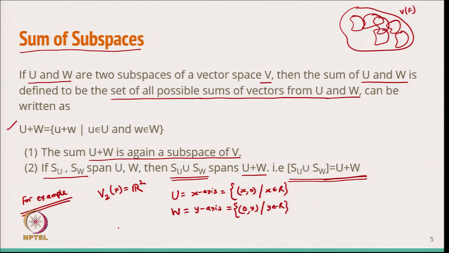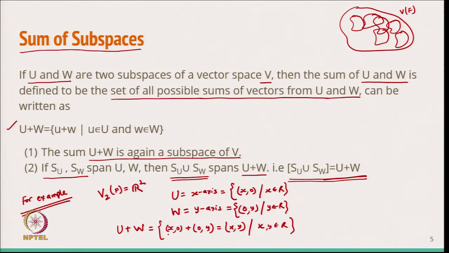Then I can define my U plus W as, taking one element, (x, 0) plus (0, y), and if I add this together, then I will get (x, y), where x and y belong to the real line.